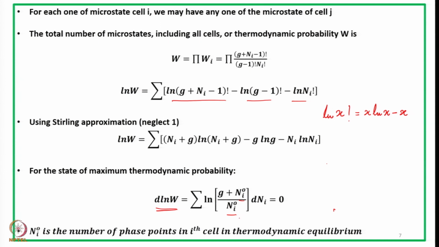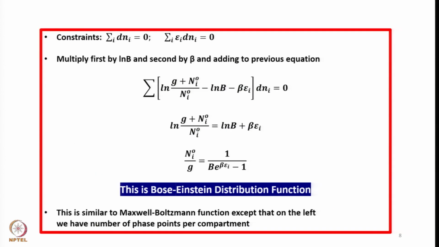Now the question is, can we again treat this and this independent, the same way as we discussed in Maxwell-Boltzmann distribution? This cannot be treated independent. Therefore, you can treat this independent by using the method of undetermined multipliers. What is that method of undetermined multipliers? For that you need to have constraints. One constraint is the total number of phase points has to be the same. That means all changes in the number of phase points, dNi, should add up to 0.